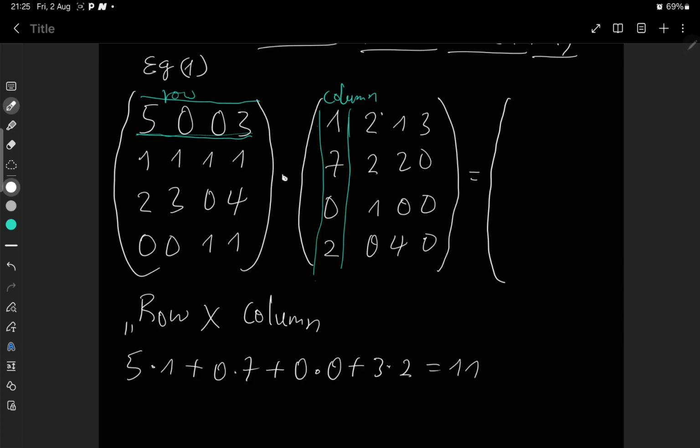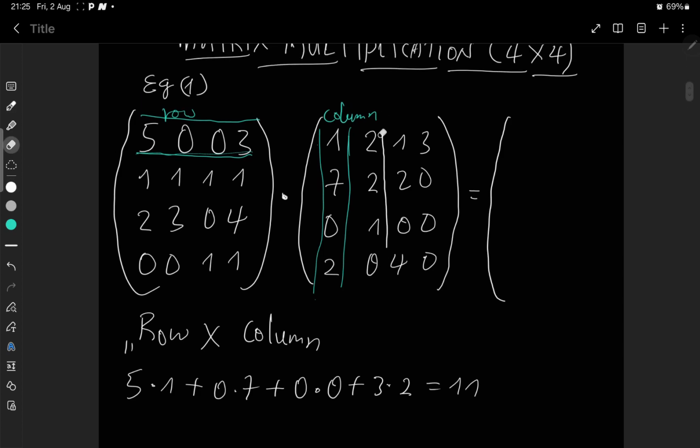Now coming here again, we have the second column here. So we're going to run the same multiplication in the second column.